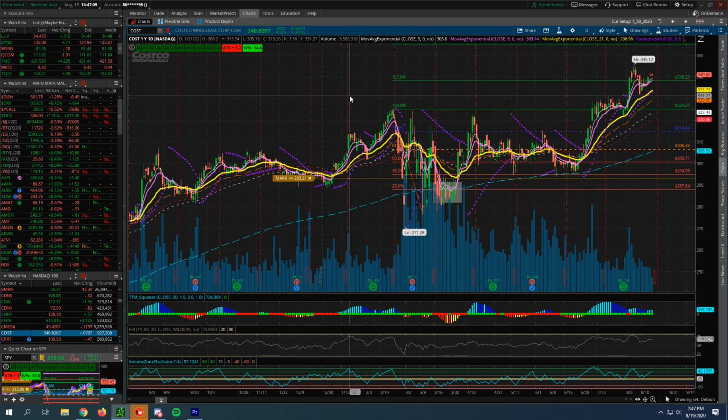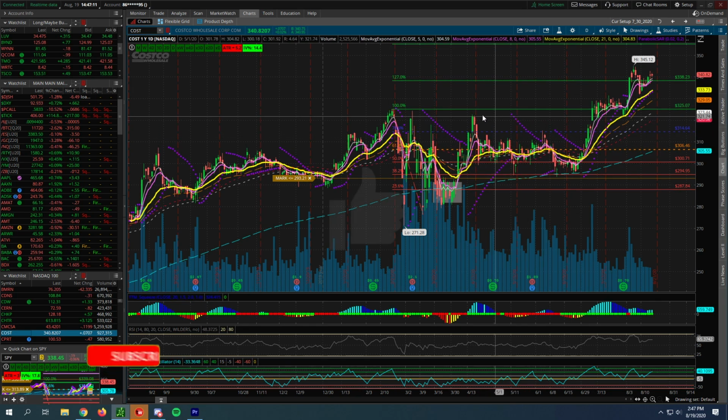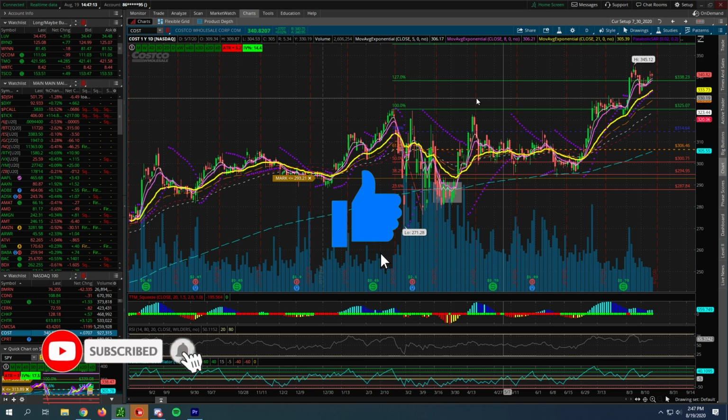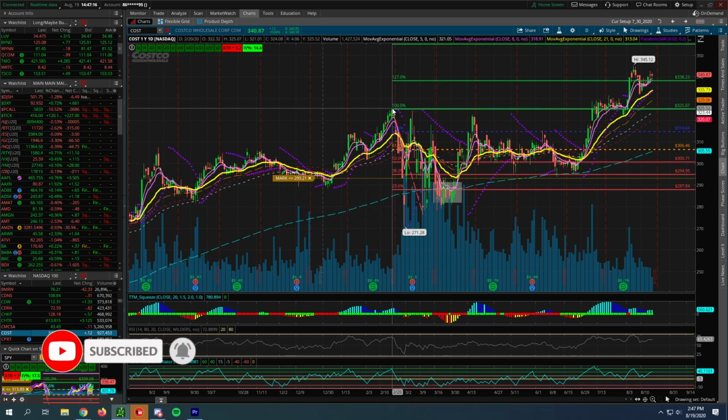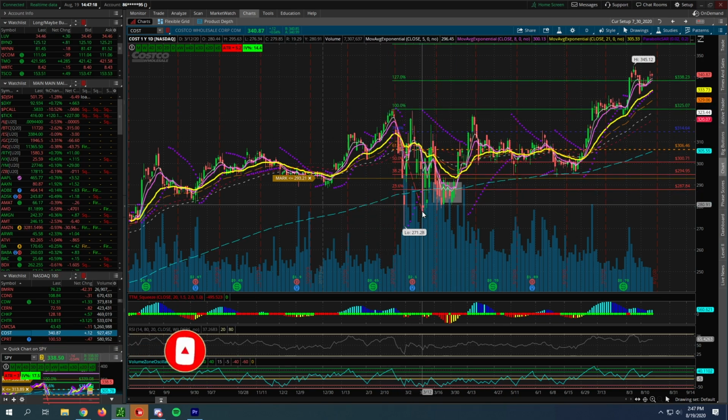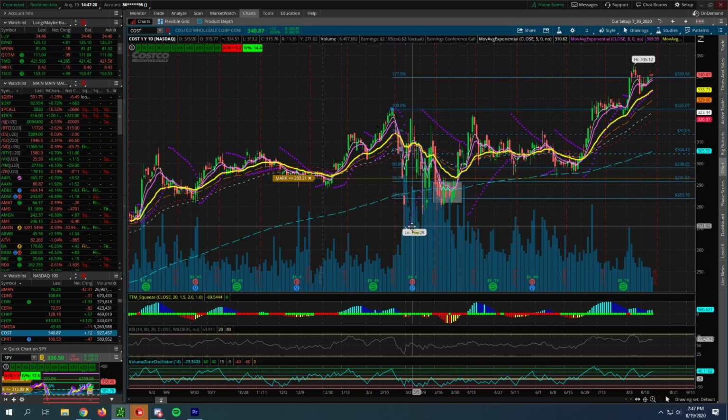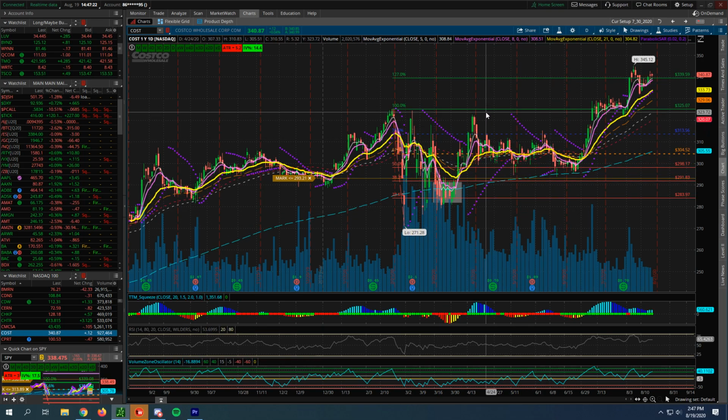Costco, one of my favorite stores to go to. This thing has been a complete beast since the pandemic. Really very much clear here on those Fibonacci retracements from the previous swing high to the previous swing low, and I just messed that up. There we go. You can see here that momentum from the previous swing high to previous swing low, really having that initial support around the 313, not being able to get above that.